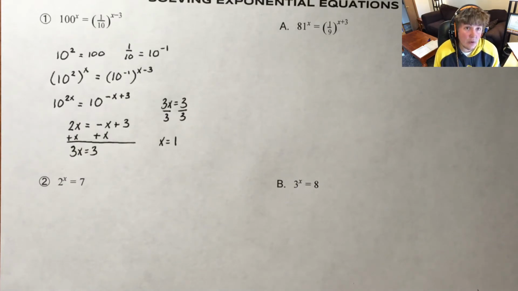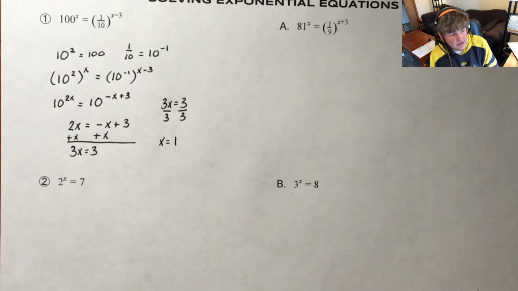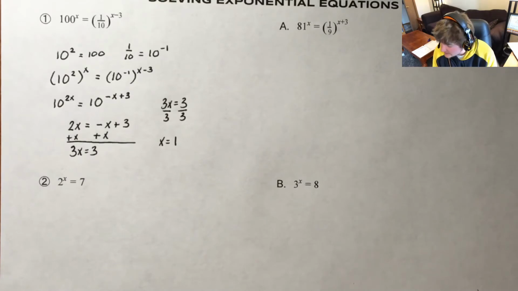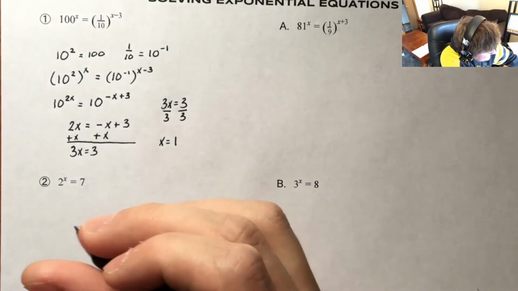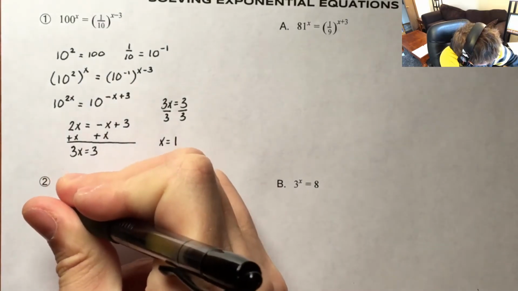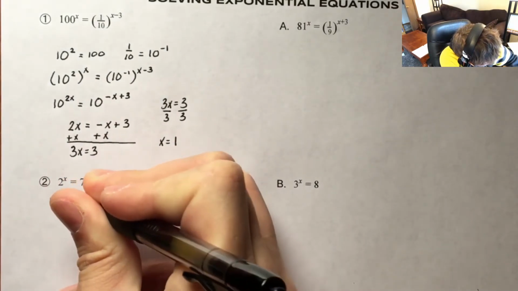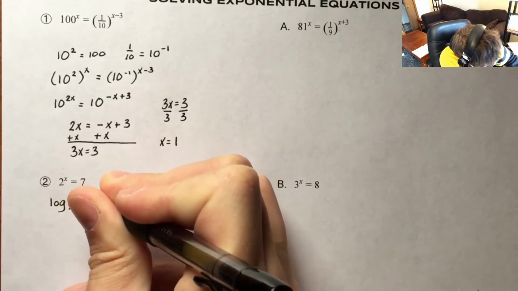And this is where what we worked on in the previous couple sections becomes incredibly helpful: logarithms. Because I know raising something to a power is going to undo a logarithm with that same base. So what I can do here is take each side to the log base 2.